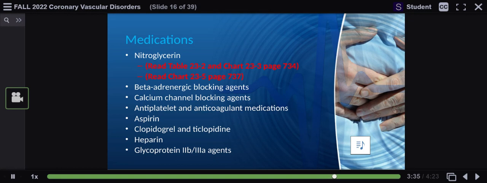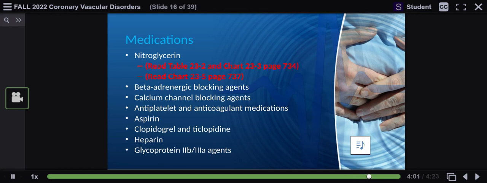Obviously, it's an anticoagulant. You prevent the formation of new blood clots, and they're given to your patients with angina as well. We also have the eptifibatide or Integrilin. These are your glycoprotein 2B3A agents, and these are indicated for hospitalized patients with unstable angina as an adjunct therapy for percutaneous coronary interventions.